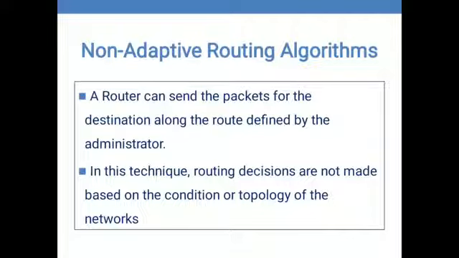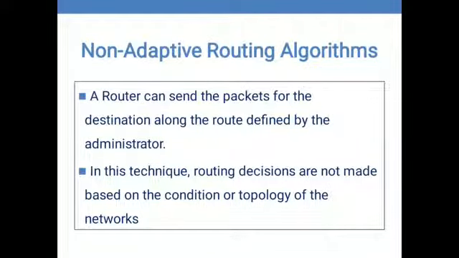But here, no decisions based on the conditions or topology are taken by the administrator. Once he finalizes a best path, that is the final path, the best path to travel from source to destination. So that will be decided by the administrator only.